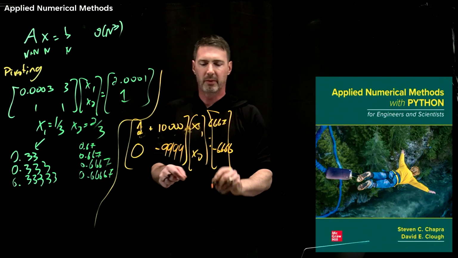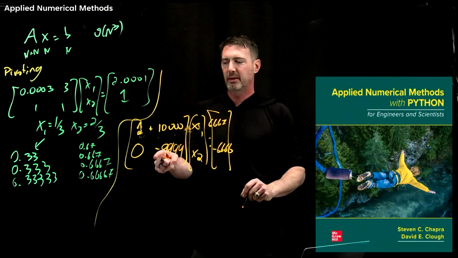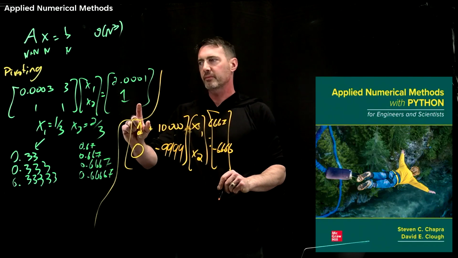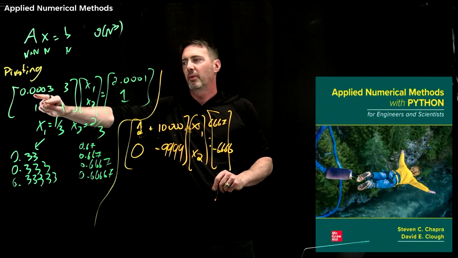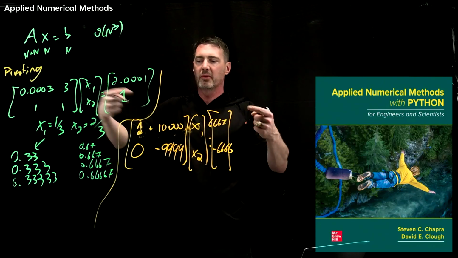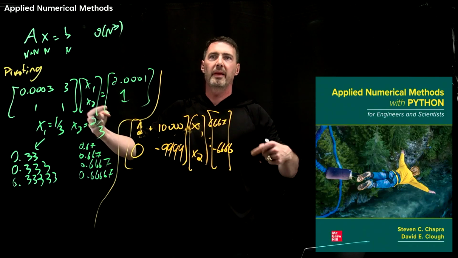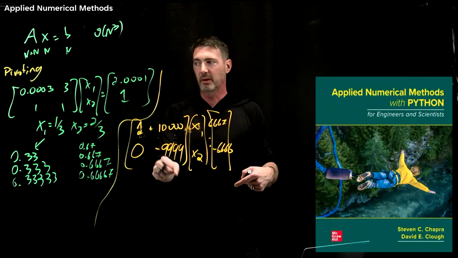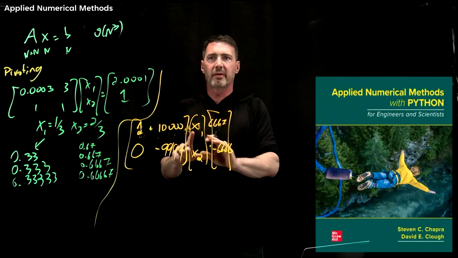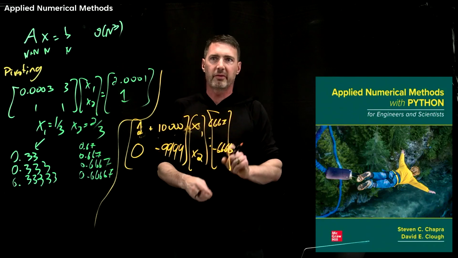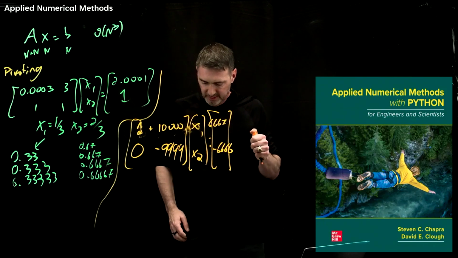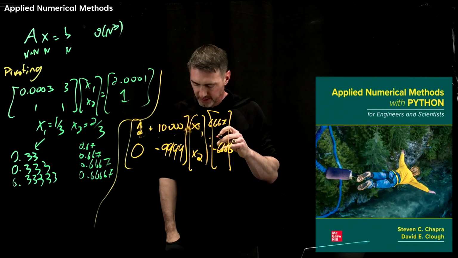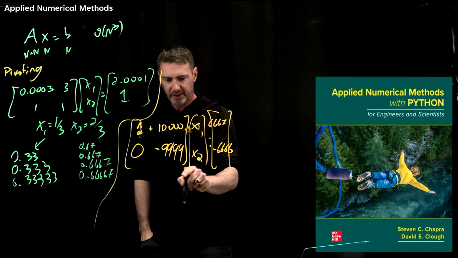So when we do the human method and we make this 0, we're dividing by 0.0003 to make 1, and then subtracting it from this equation to get 0. And so this is what you end up getting. This is the matrix conversion step, this is where we've gotten to. And then the final step is then x2.